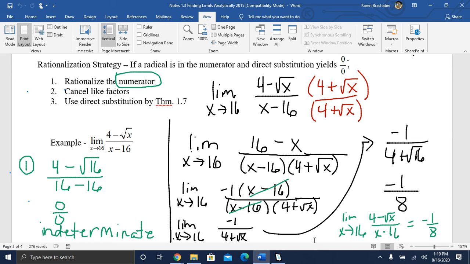And just to drive home what you have found, again, you created a function that was equivalent to the original function, except for there was a hole in the graph at 16. And you created a new function. It was this one right here, equivalent to your original, but did not have the hole. And both of those graphs have a limit when x is approaching 16 of -1/8.